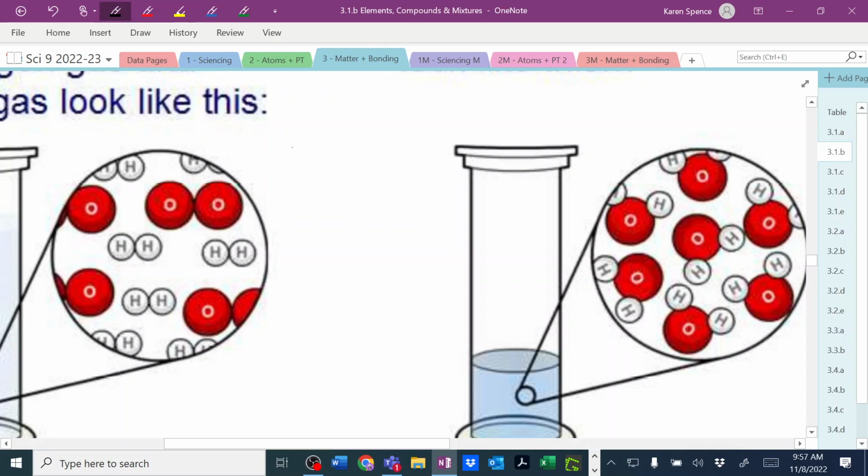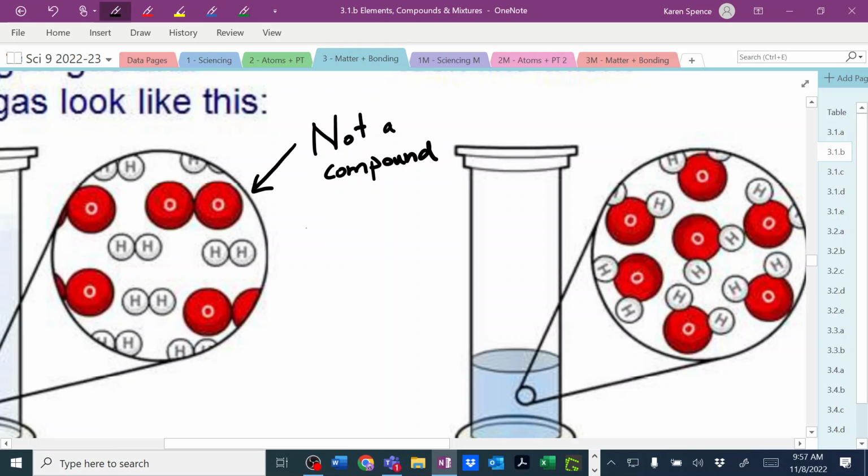Is this a compound? I have hydrogens and oxygens. No, why not? It's not a compound because, yeah, the two different elements are separate from one another.